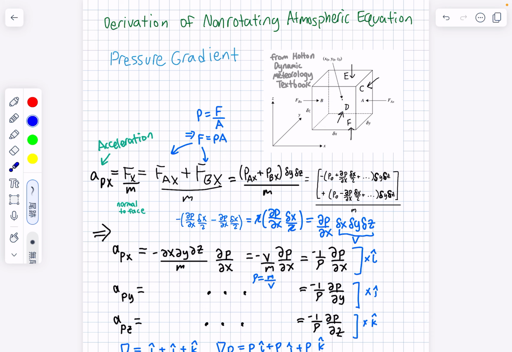For the derivation, we'll focus on the x direction. The area we're looking at is the area of this wall that the x direction is going through, that the x direction is normal to, which means it's perpendicular to that wall. We'll call this right wall wall A and the left wall wall B.